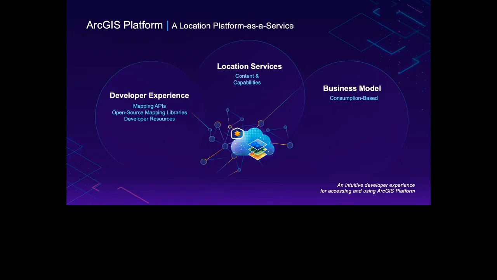The centerpiece of the ArcGIS platform is the comprehensive set of location services that deliver content and capabilities, and a simple, transparent, and easy to understand business model that is fully consumption-based, where you only pay for what you use. And all of these elements come together to provide an intuitive experience for assessing and using the ArcGIS platform. So let's take a look at each element a little bit more.